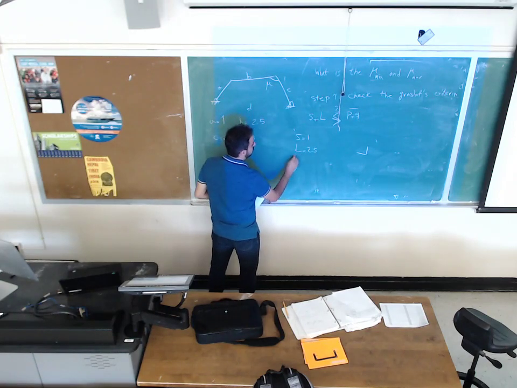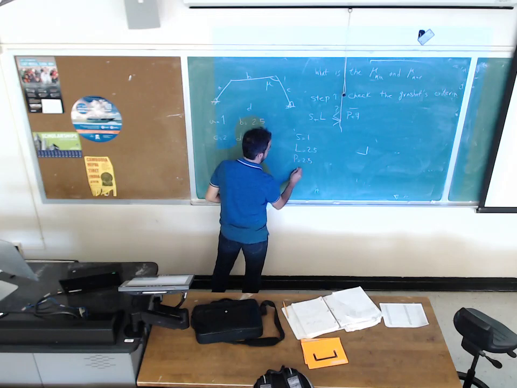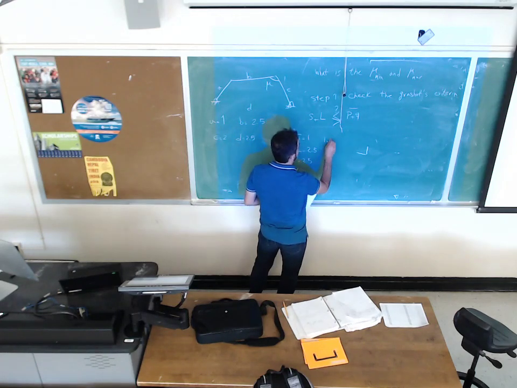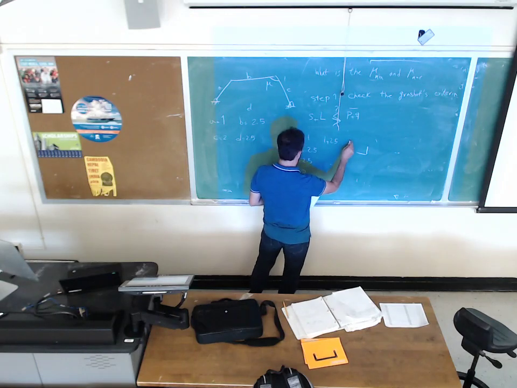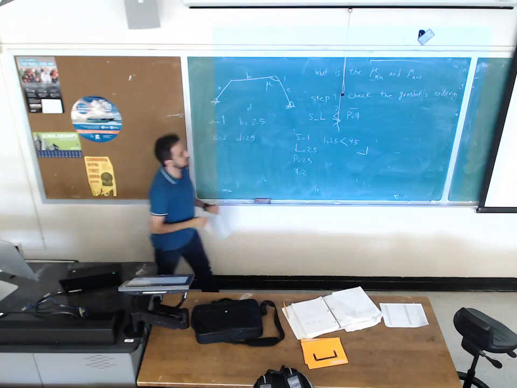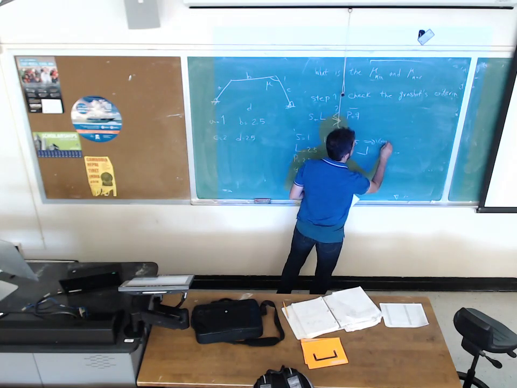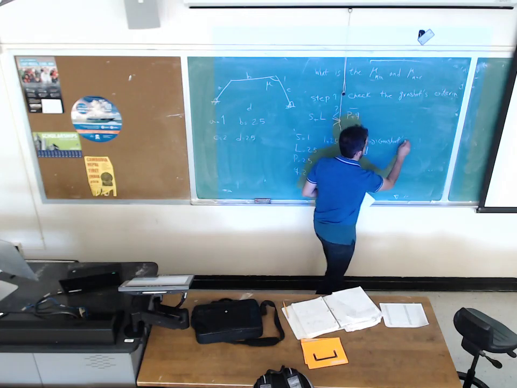So P and Q would be 2.5, Q is 2. So 1 plus 2.5, the other side 4.5. So 3.5 is less than 4.5. It's a Grashof mechanism.